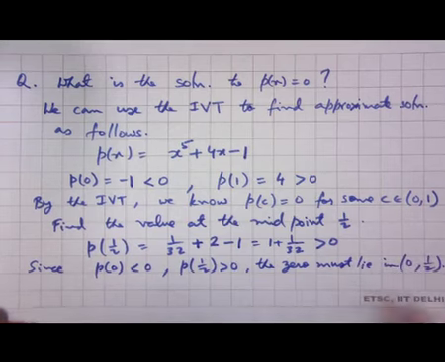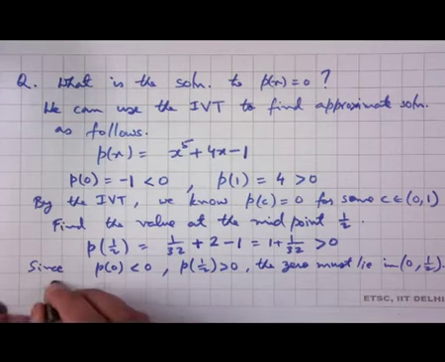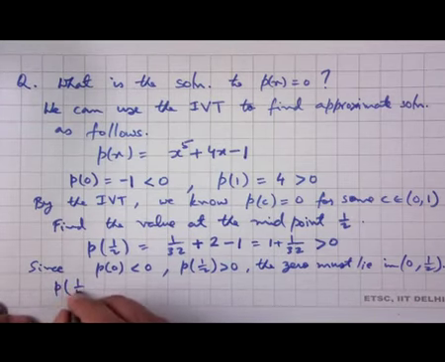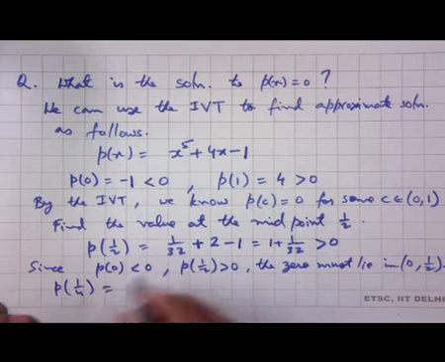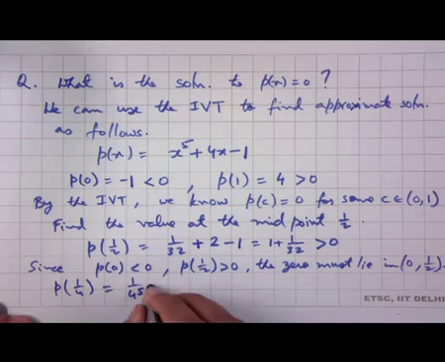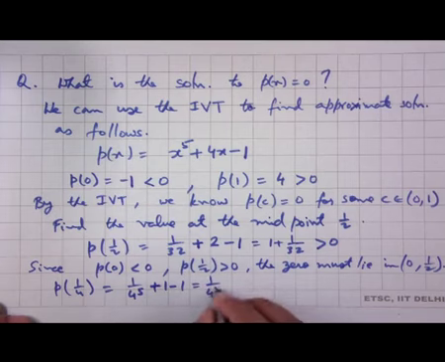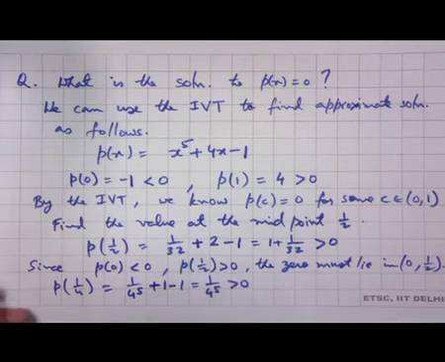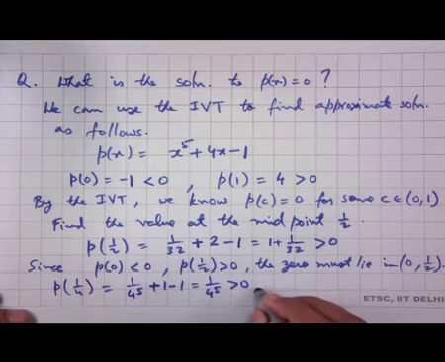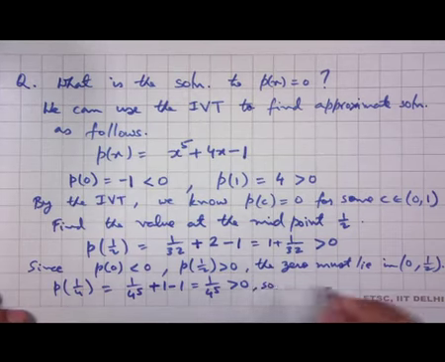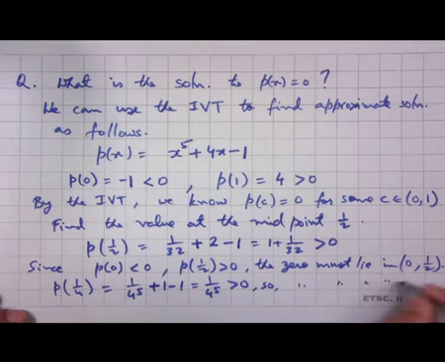Again you can repeat this process and find p of 1/4. P of 1/4 will be 1 by 4 to the 5 plus 1 minus 1, so this is 1 by 4 to the 5, which is again positive. So, the 0 must lie in 0 to 1/4.